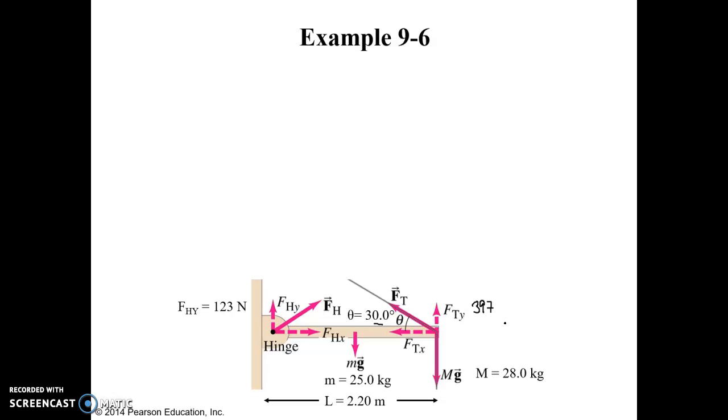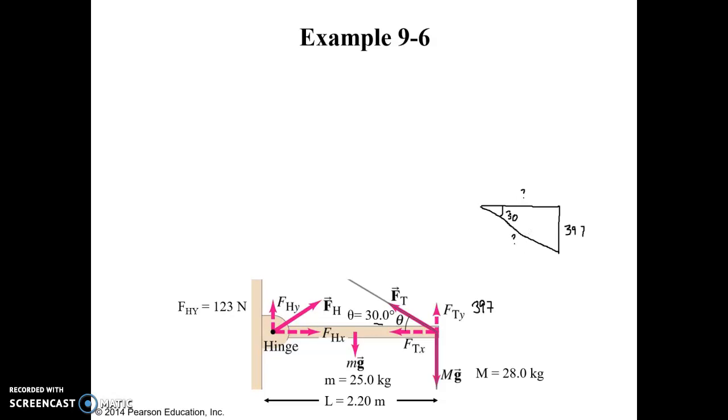We know the vertical component is 397. So from this, we should be able to determine the tension in the cable as well as the horizontal component. And it all just comes from basic trigonometry. If we have a triangle, and the vertical side is 397, and the angle is 30, then what is the other side and the hypotenuse?